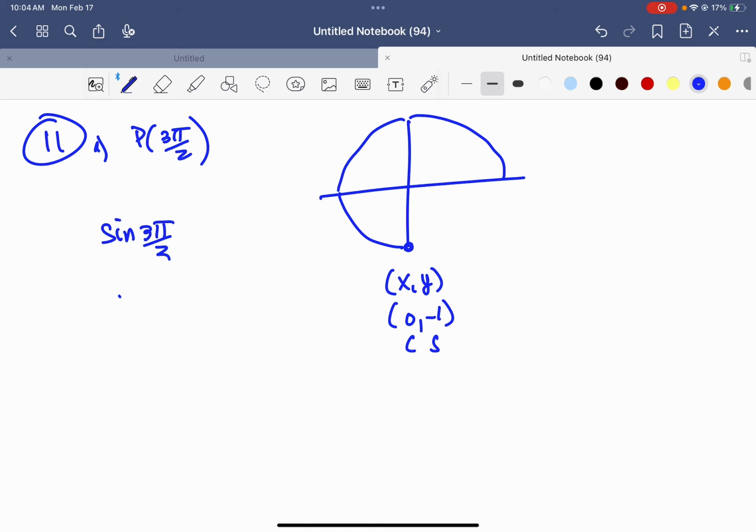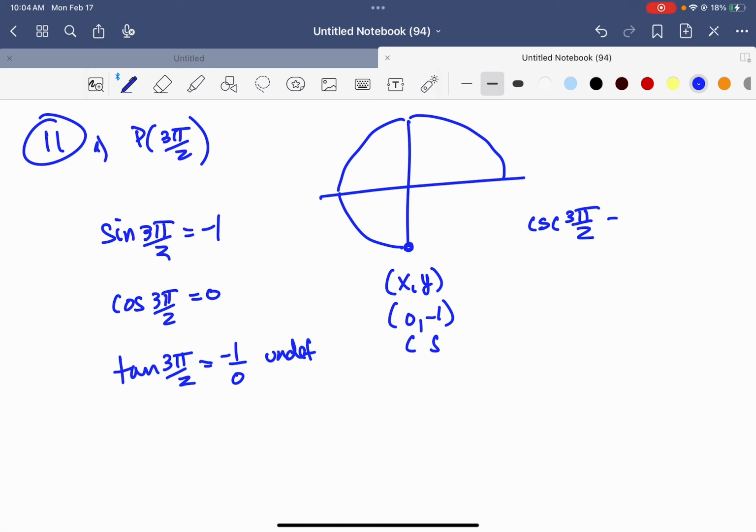So I'm going to do the sine, the cosine, and the tangent. So the sine is negative 1, the cosine is 0, so the tangent is this over this, and guess what? That gets me undefined. My cosecant of 3 pi over 2 is 1 over negative 1, which is negative 1.